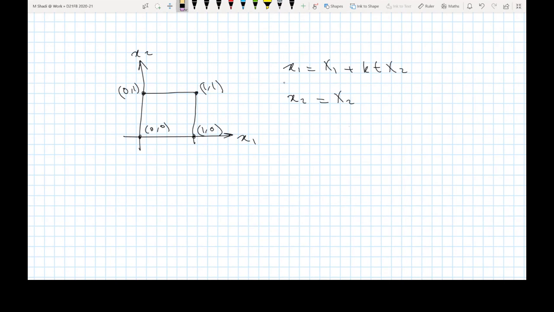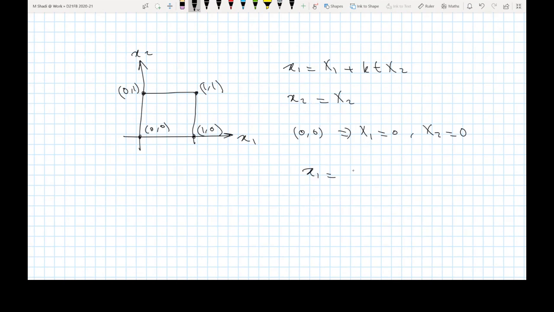All right, so I'm going to take the first point, so point (0, 0). This is X1 capital is equal to 0, and X2 capital is equal to 0. I'm interested in finding x1 small and x2 small. So look into x1.